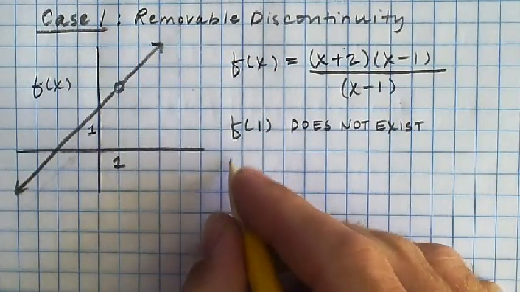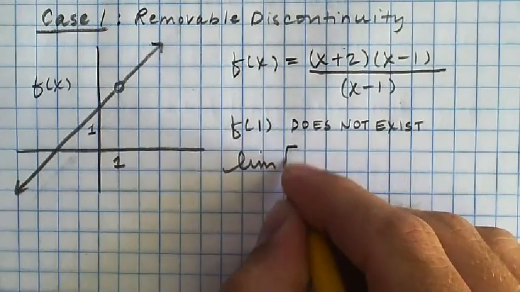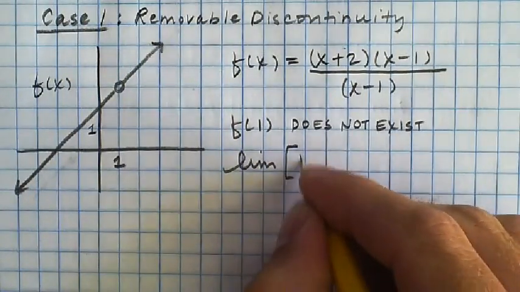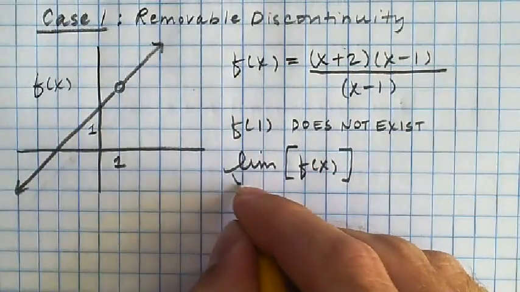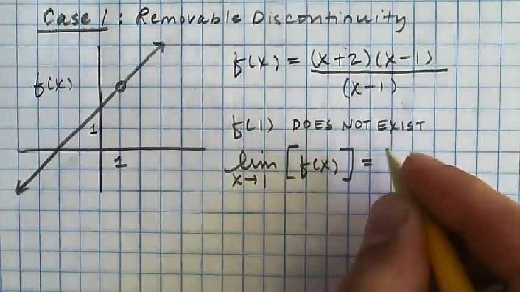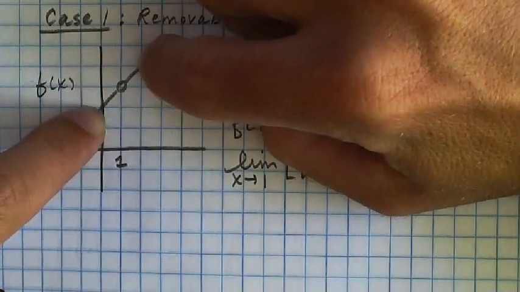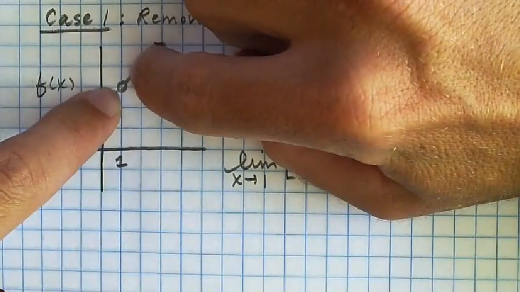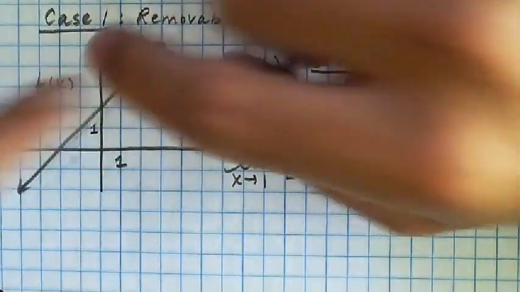So we can say that the limit of the function, the limit of f of x as x goes towards 1, is going to be equal to 3. Because the closer we get to x equals 1 from both sides, the closer y gets to 3, the closer f gets to 3.